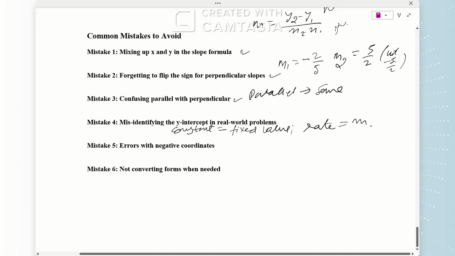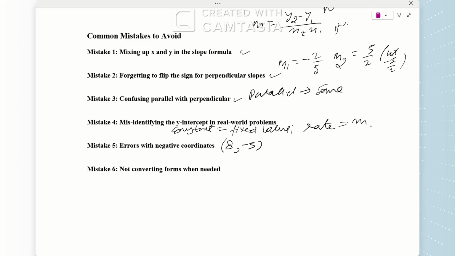Errors with negative coordinates. This is a very common mistake committed by many students. Let's say you are given 8 comma minus 5, and another point, 7 comma 8, and you have to do y2 minus y1 over x2 minus x1.